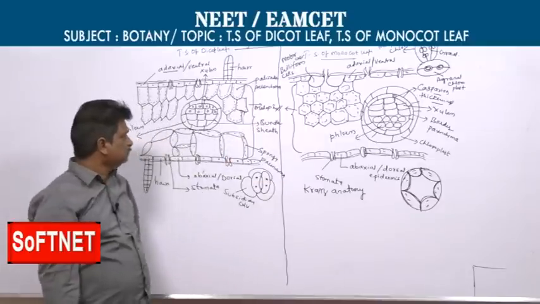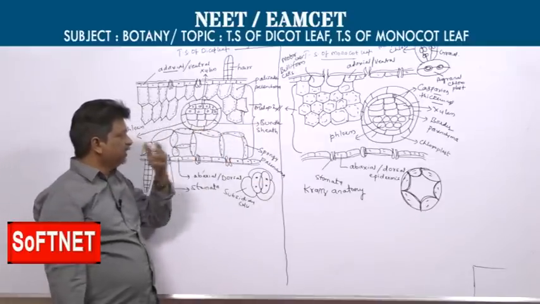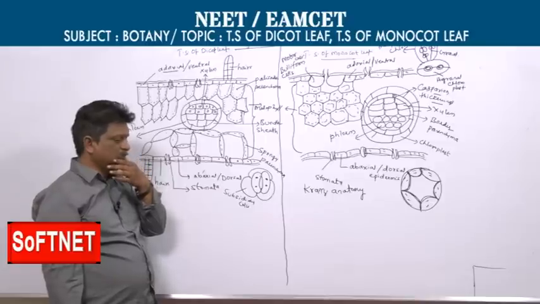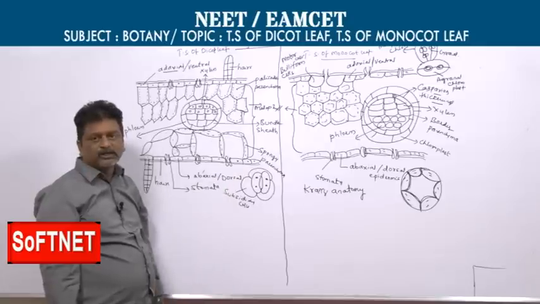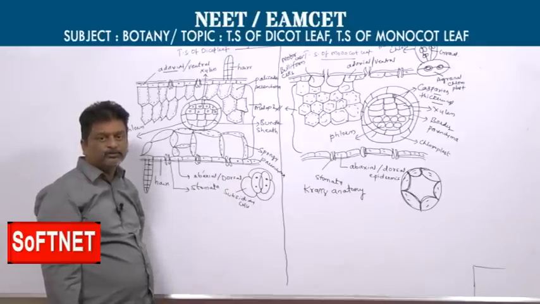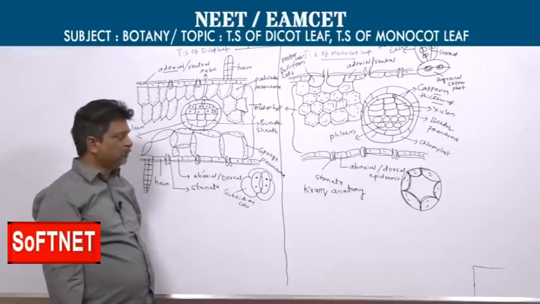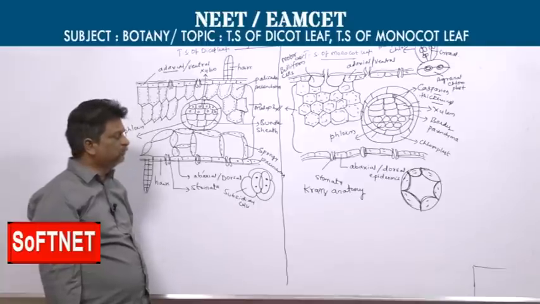Then in some plants like Nymphaea, mesophyll cells contain sclereids that are star shaped, called astrosclereids.